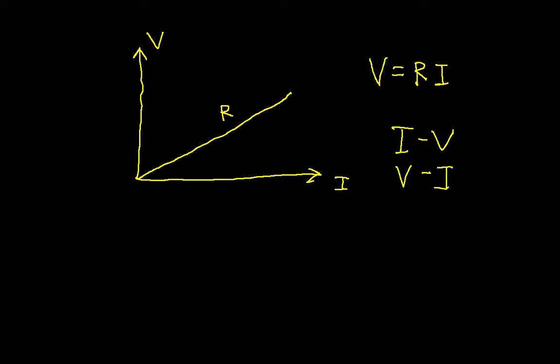But the idea is it shows us the current and voltage characteristics of a resistor. These VI curves can be used to model what happens in nonlinear circuits, and it can actually be quite useful. So this concludes the presentation of Ohm's law.